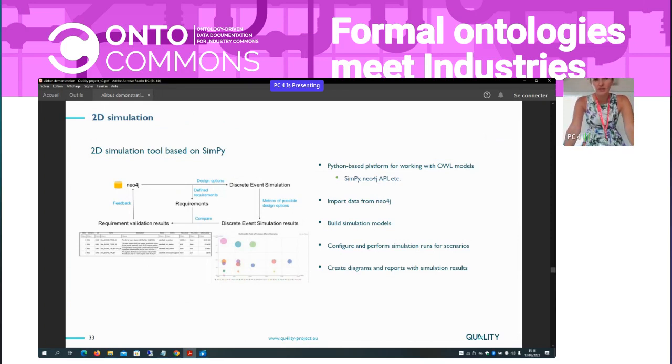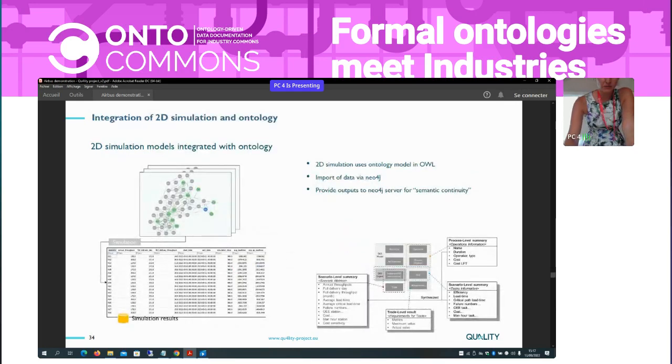The 2D simulations were capturing first the design options, so all the architecture options that they need to run, creating discrete event simulation models based on the architecture that was defined here, running the simulations, and making a comparison with the requirements that were defined, so that the visualization block can show to the architect the different alternatives regarding the KPIs that we were trying to see. So it's a Python-based platform, and it has connectivity to the system integration block.